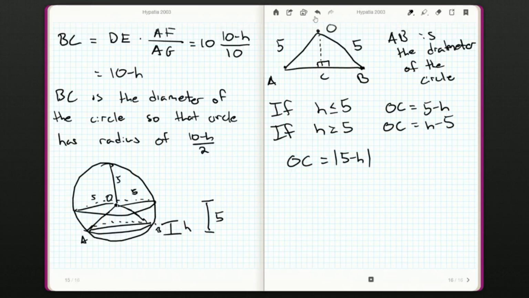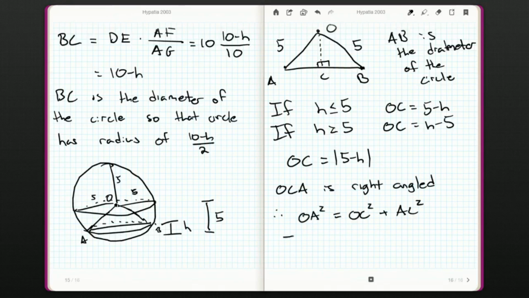Using that value, we have a Pythagorean triangle. OCA is right angled. So that means that OA squared, which is 5 squared, is the same as OC squared plus AC squared.